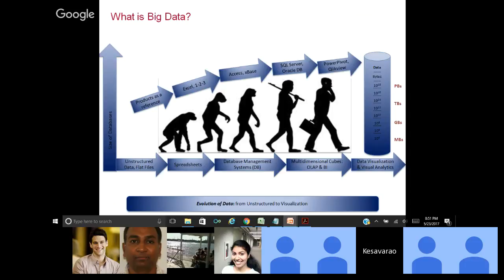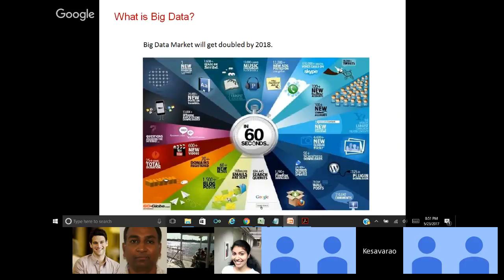If you see how it was managed initially, they used to have reference data sets, and then Excel came, and then Access and Xbase, then SQL Server, Oracle DB, and then QlikView, Power Pivot, and some of these new tools started.